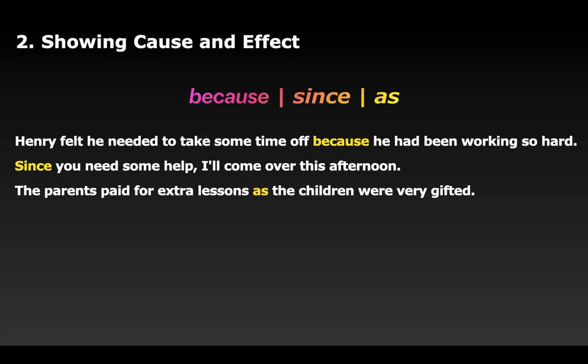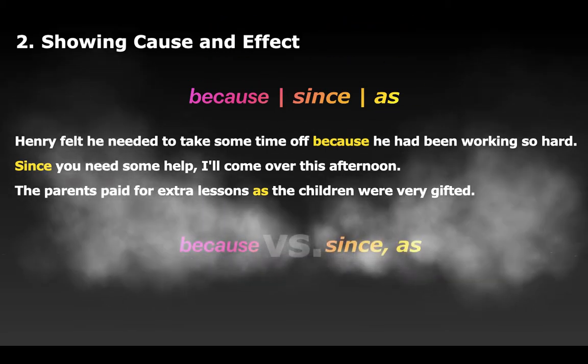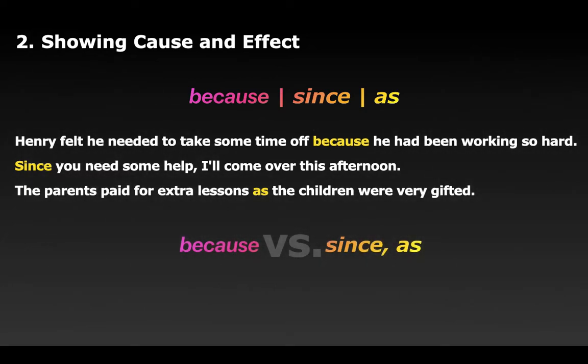Okay, now, this begs the question, what is the difference between because, since, and as? All right. Well, there is a slight difference. When you use because, the emphasis is on the cause, on the reason.